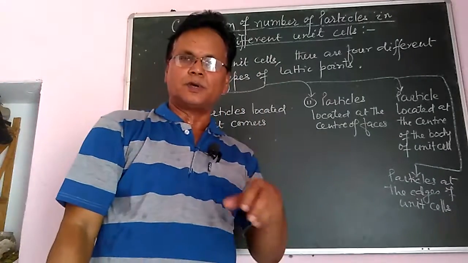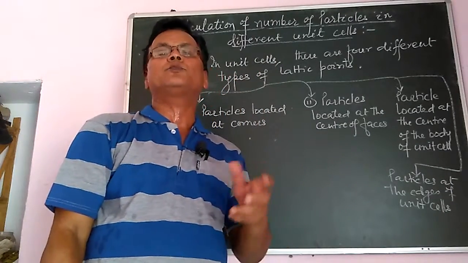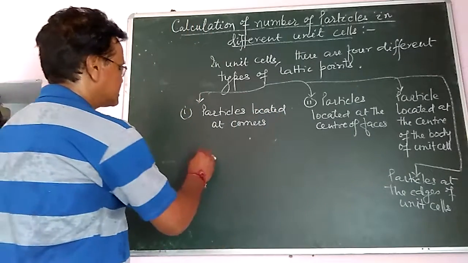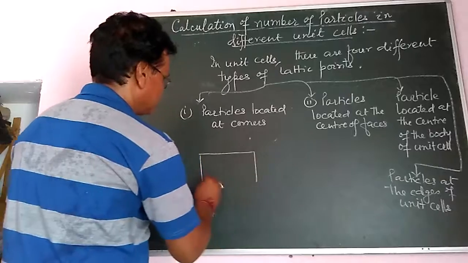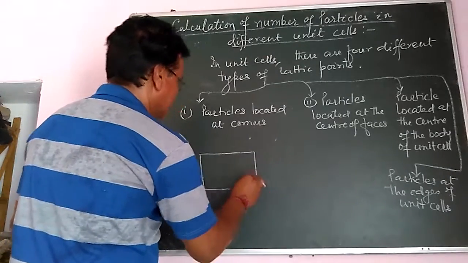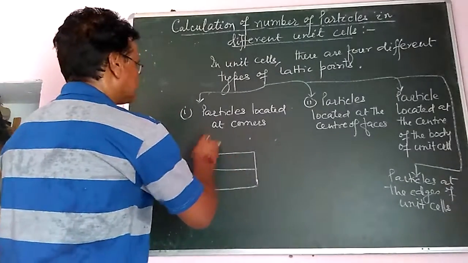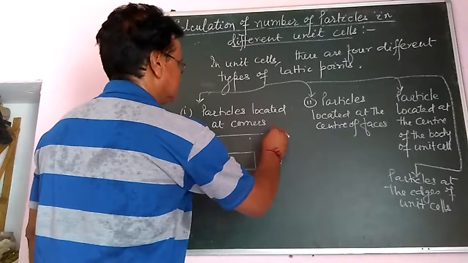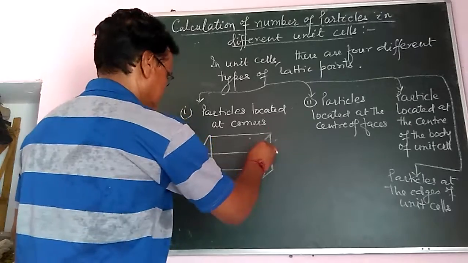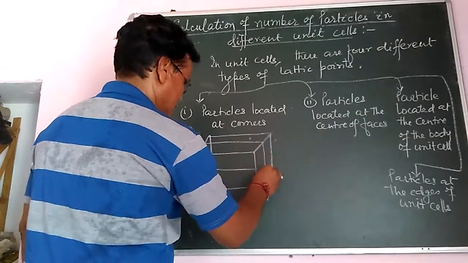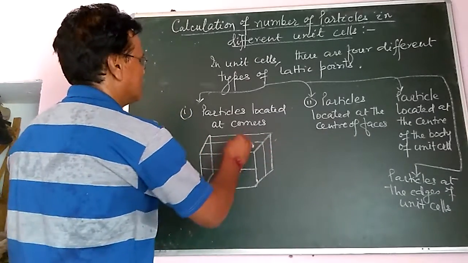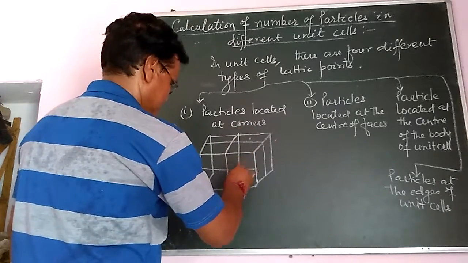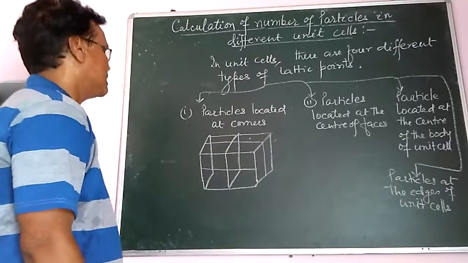How much part of the particles can be contributed in one unit cell? Suppose I am going to draw the figure just like you see here.